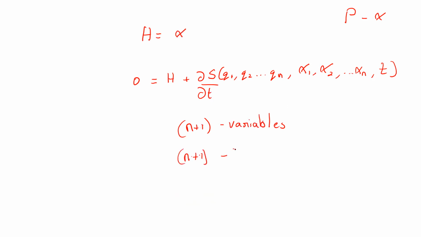These integration constants we are interpreting as the new transformed momenta, which are constant, and one of the integration constants we are interpreting as the constant energy or the Hamiltonian. So this is where it is coming from.